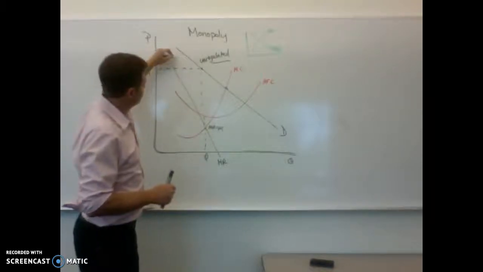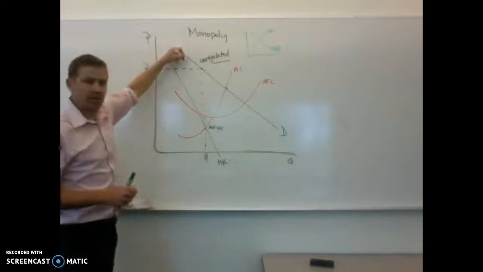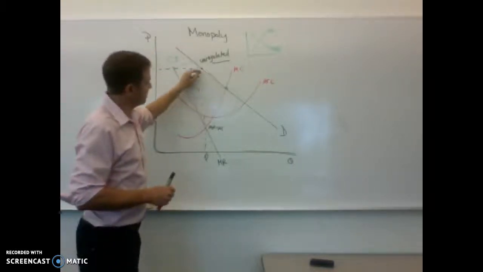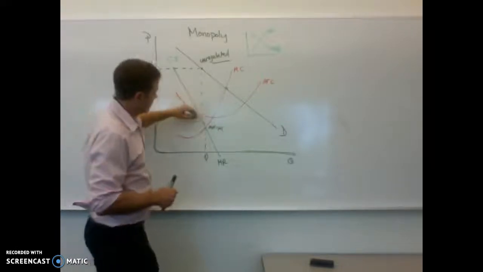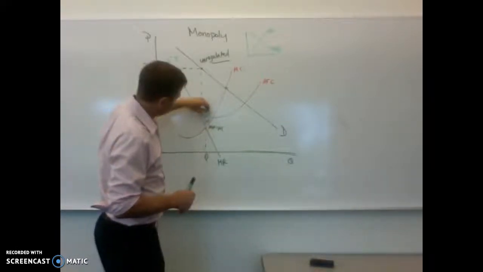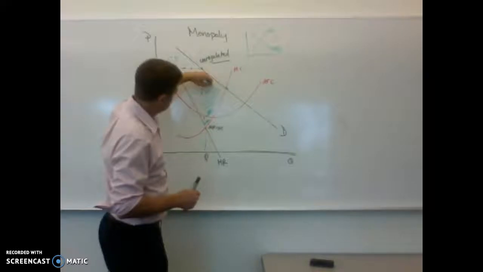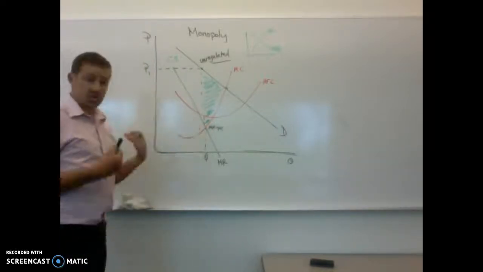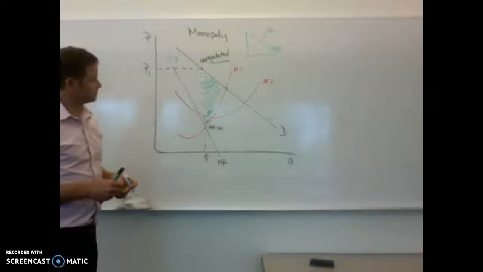This is the consumer surplus because these people were willing to pay more than the price. Well, what happened to all of these people in here? This area in here is called deadweight loss. This is the deadweight loss, because we know that monopolists are inefficient.